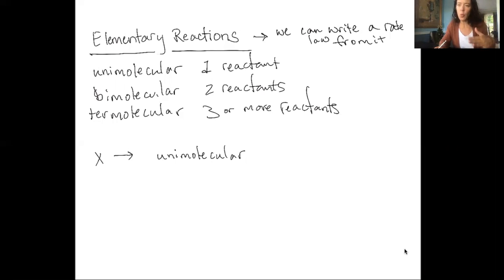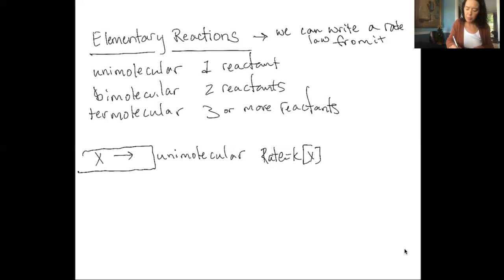When I look at one of those steps, I can look at the stoichiometry of the reactants, and I can write the rate law from it. So remember, rate equals k, and I have one X here. So according to this elementary reaction, I don't even need to know what the products are.